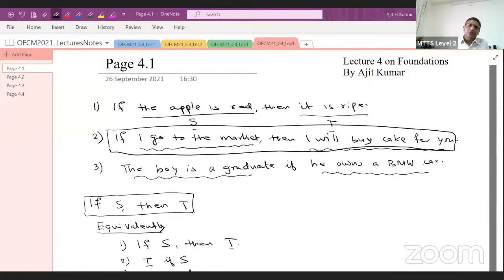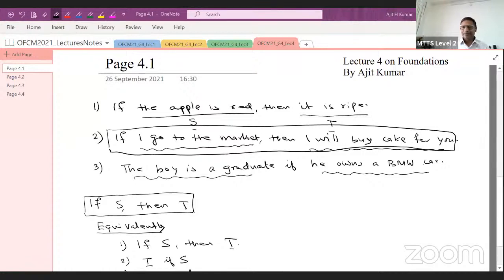So the moment you say if you don't go to the market, then obviously I may not buy it, so there is no compulsion. This statement is not true only when I go to the market but I don't buy cake for you. So what does it say?